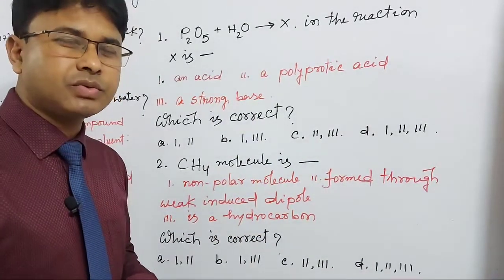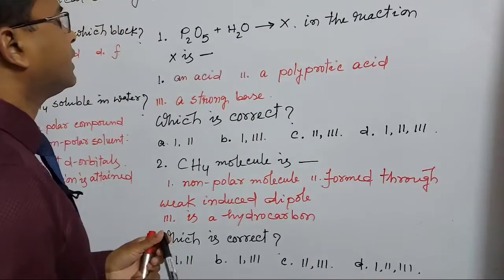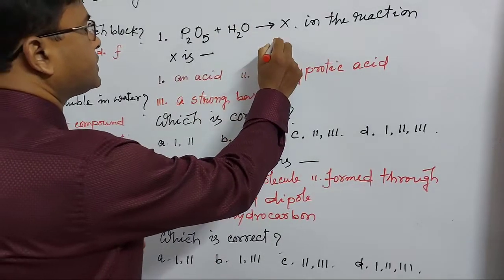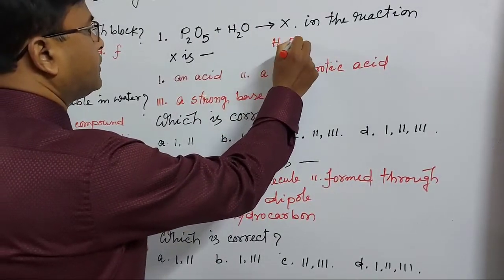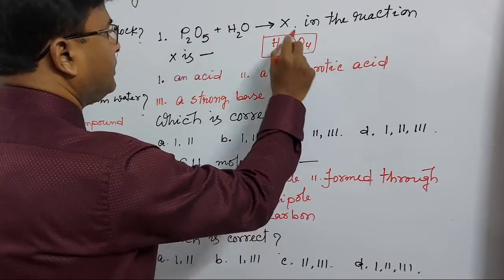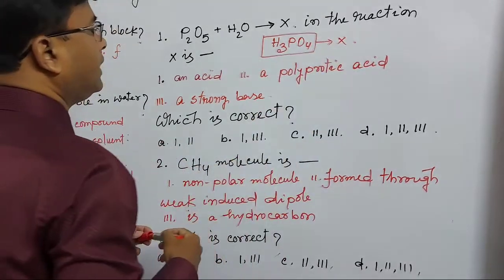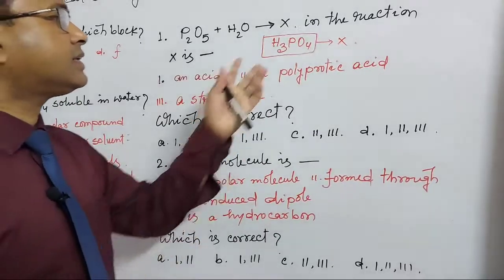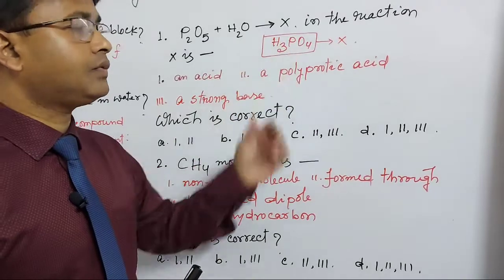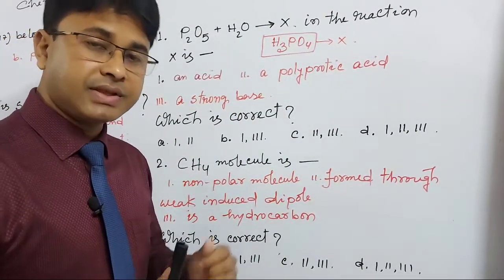Students, first you have to know the name of compound X. You know that phosphorus pentaoxide reacts with water to produce phosphoric acid, and the formula of phosphoric acid is H3PO4. X indicates phosphoric acid, and H3PO4 is an acid because it produces H plus ion in the aqueous solution.